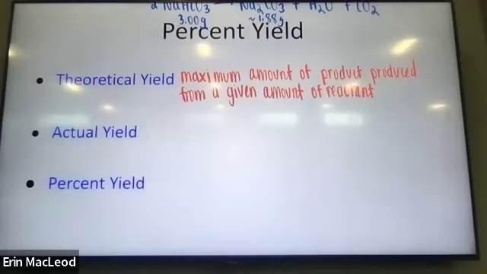So your theoretical yield is always going to come from stoichiometry calculations. So when we do all of our calculations we've been doing, you've pretty much been doing theoretical yields. Anytime we've been finding an amount of a product in any of those conversions we are doing, that's a theoretical yield. We just didn't call it that. That's the most we should make.